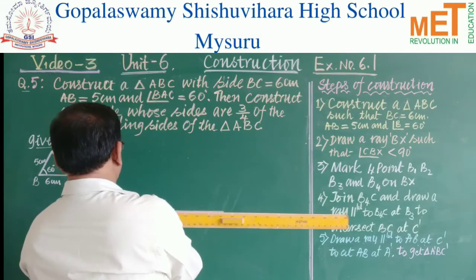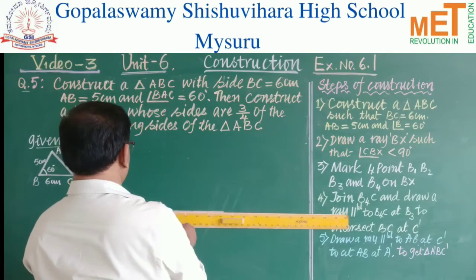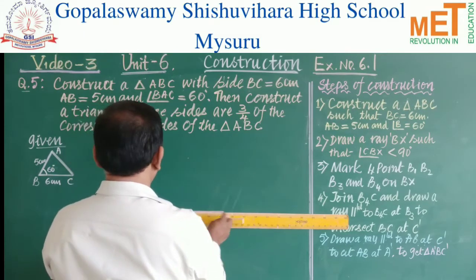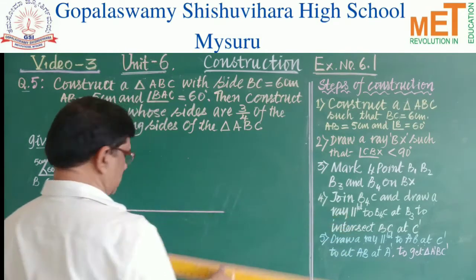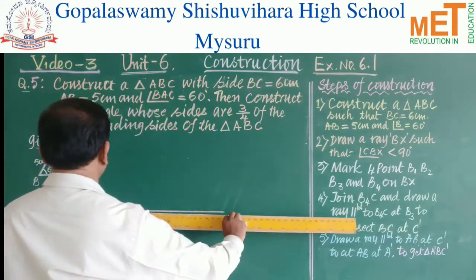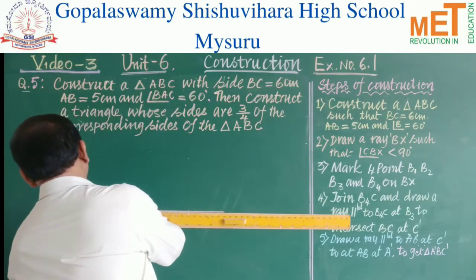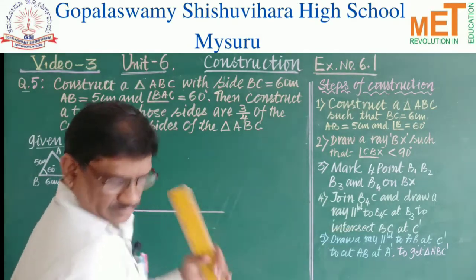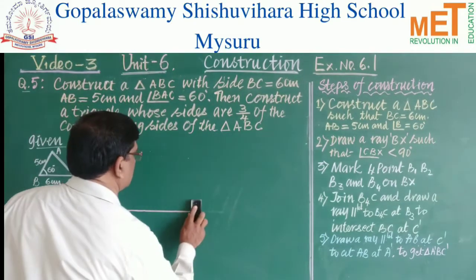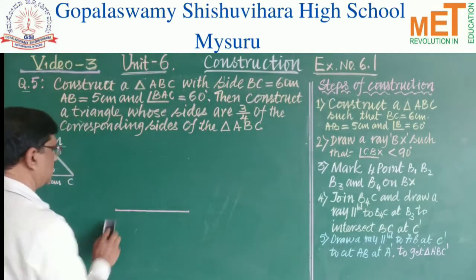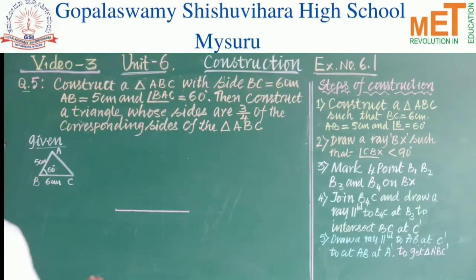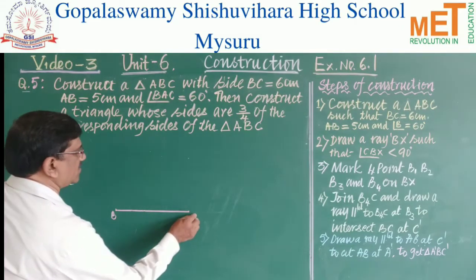One, two, three, four, five, six. Okay. Name it as B and C.